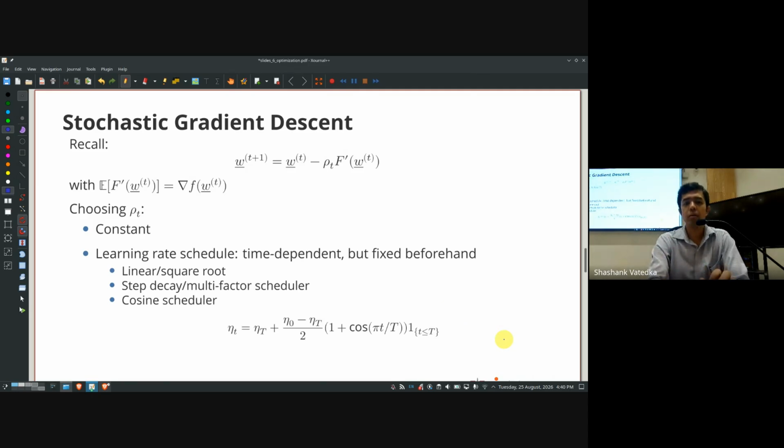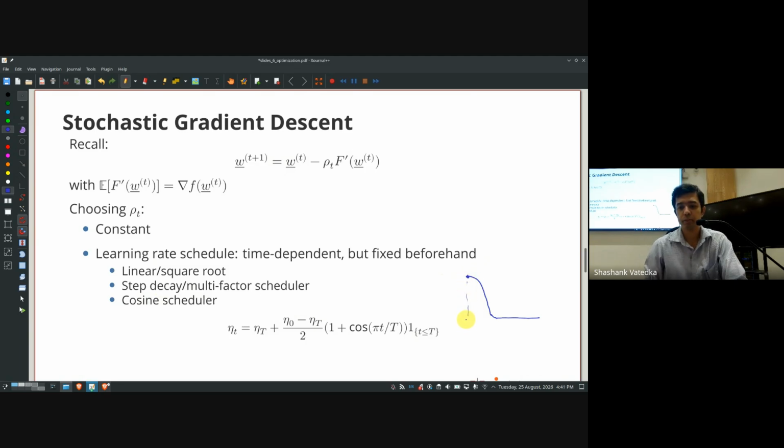Another common scheduler is the cosine scheduler, where instead of keeping it constant and decreasing it to a specific value all of a sudden, you let the scheduler decrease the learning rate in a much more gradual fashion, like a cosine. If you plot the trajectory, rho t will look something like this, and then a constant.